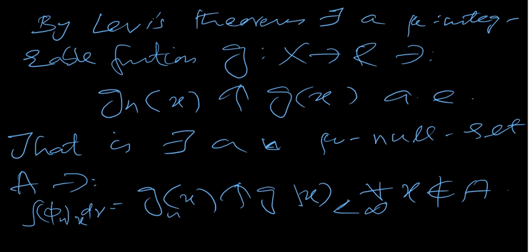This is your g_n(x), and it increases to g(x), which is finite. So the limit of the integral of phi_n x is finite, but the limit of phi_n x is f_x.